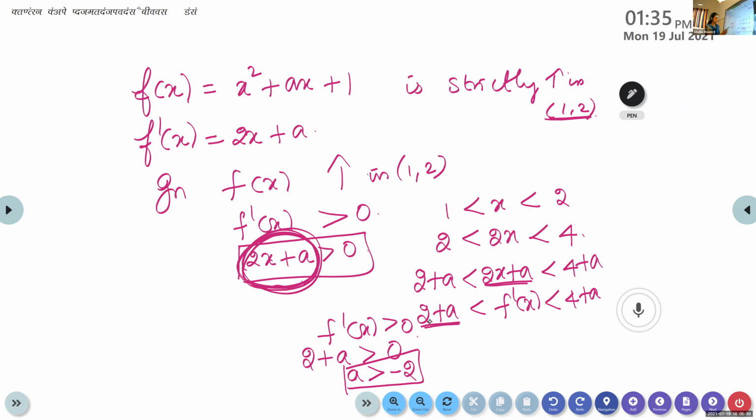When you compare this, f dash of x is greater than 0, and f dash of x lies between these two. So a plus 2 should be greater than 0. That means a must be greater than minus 2. Therefore, the least value, the minimum value, is minus 2.